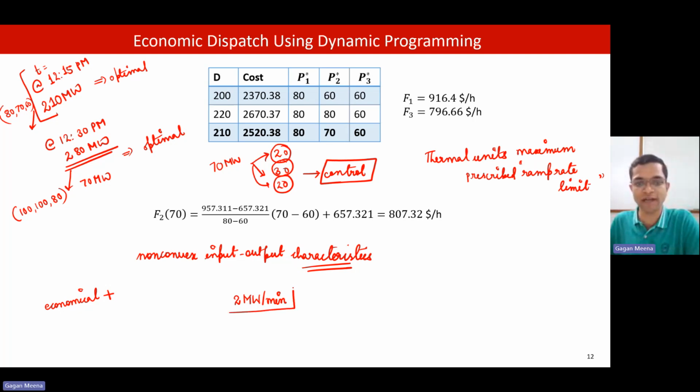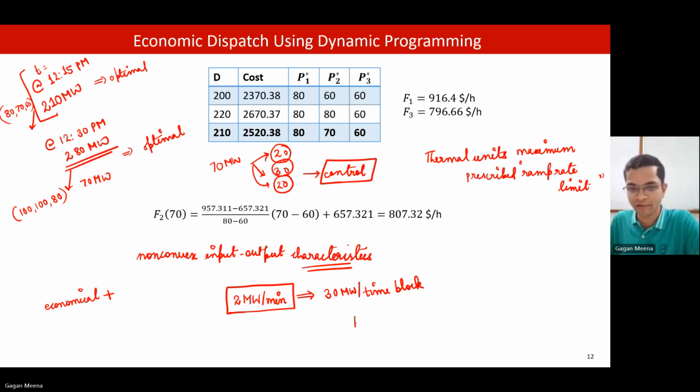Now, if it is 2 megawatts per minute, then what will happen? This means that 30 megawatts of change is possible. Sorry, not per minute, per 15 minutes, that is per time block. We are moving from 12:15 to 12:30 p.m., a change of one time block. The generator can increase its output by a maximum of 30 megawatts.